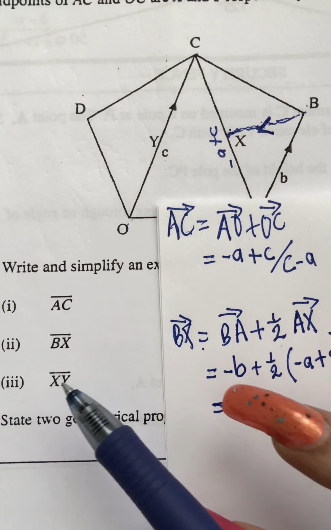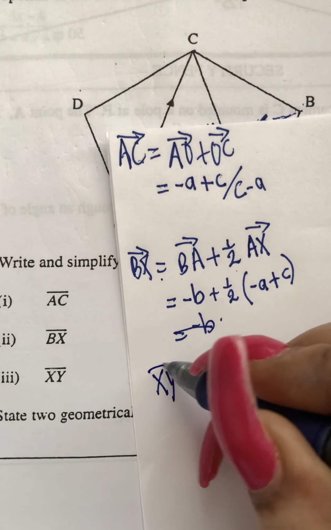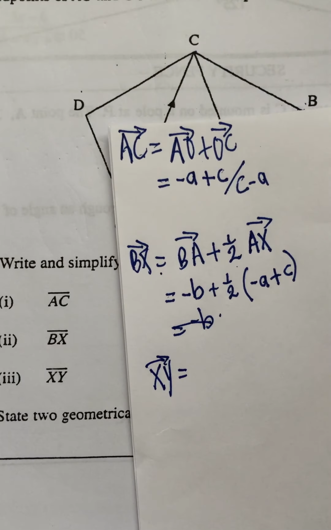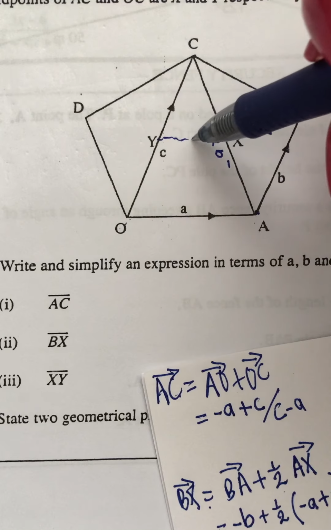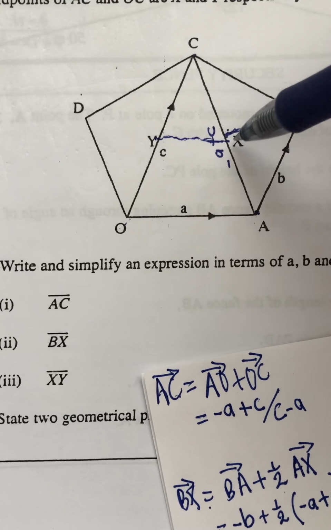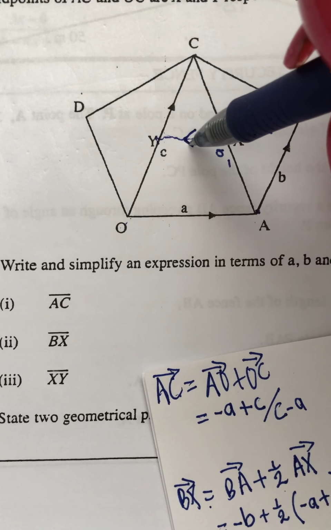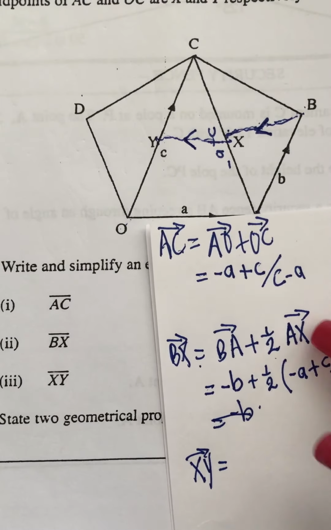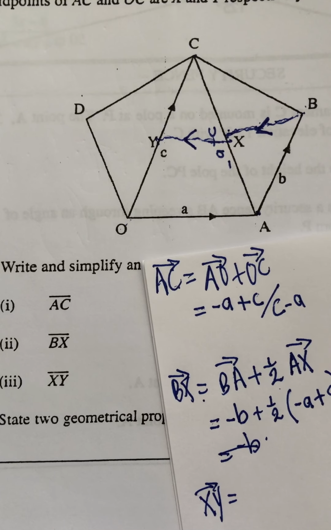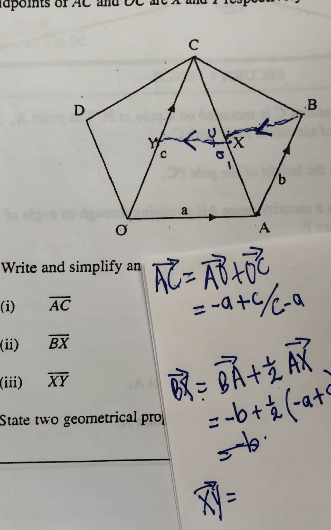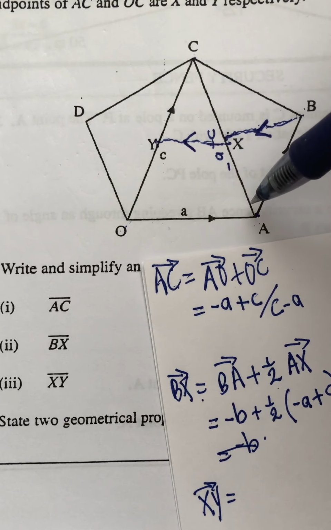We can go to our XY. Vector XY. Now, XY. See where XY is? So my arrow will go this way because I'm starting at X and I'm going to Y. See again, we can use a certain rationale. This is my AC and this is half of my AC.